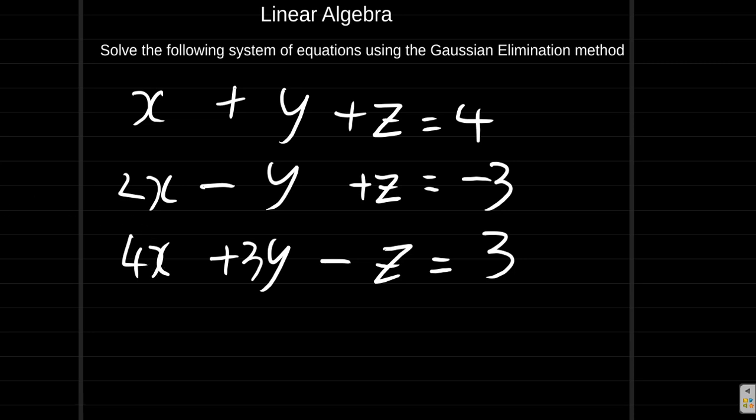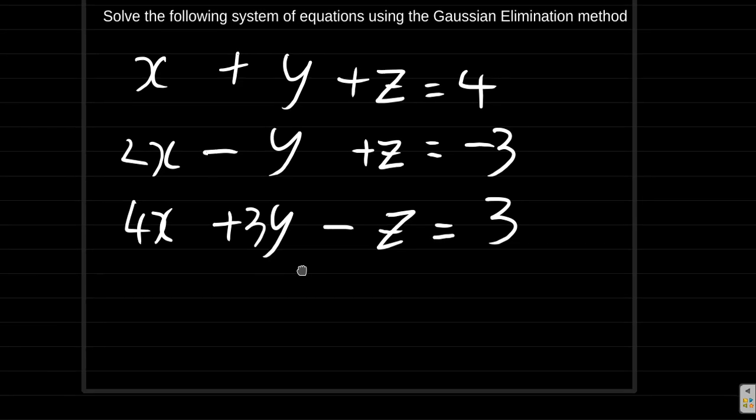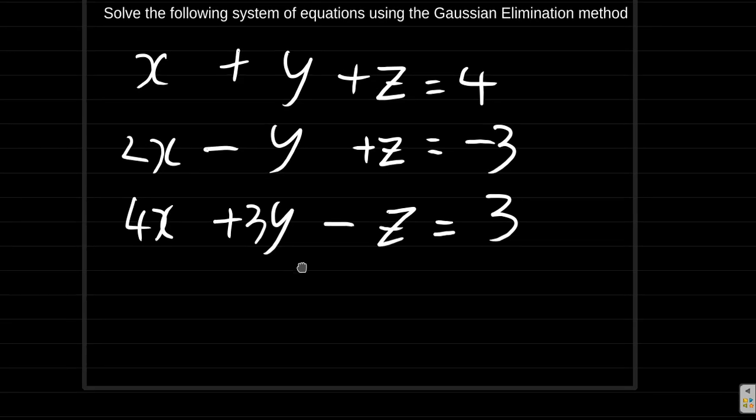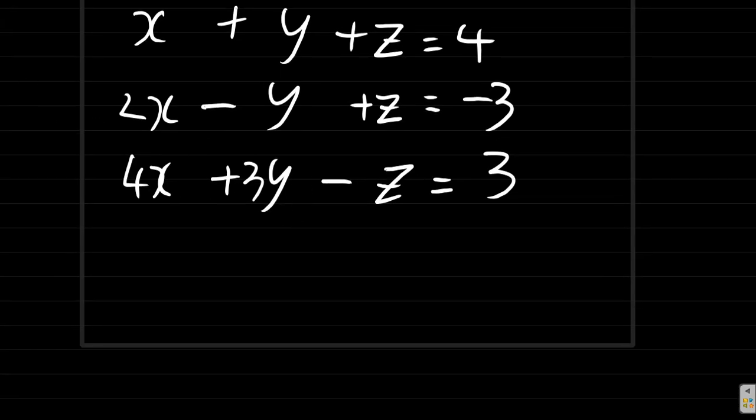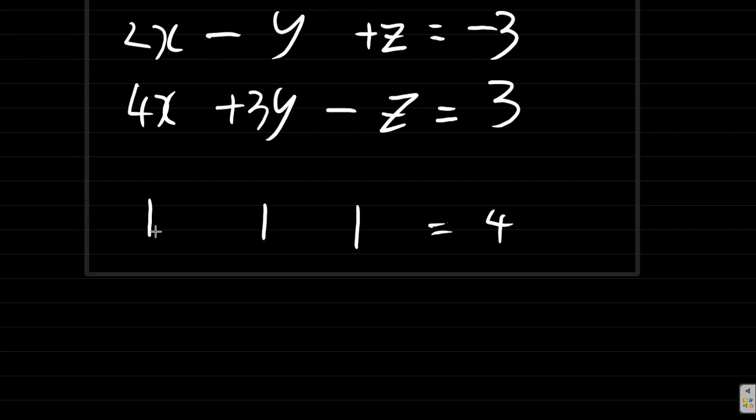Alright, so what we do is to rewrite these in matrix form. So you have a 1x plus a 1y plus a 1z equals 4. You're going to have a 2x plus a negative 1y plus a 1z equal negative 3.